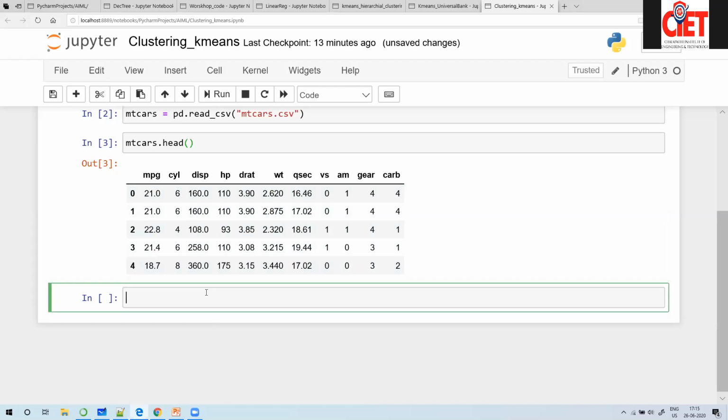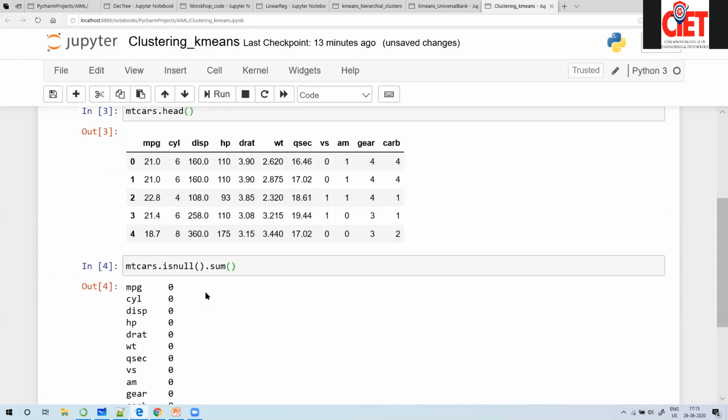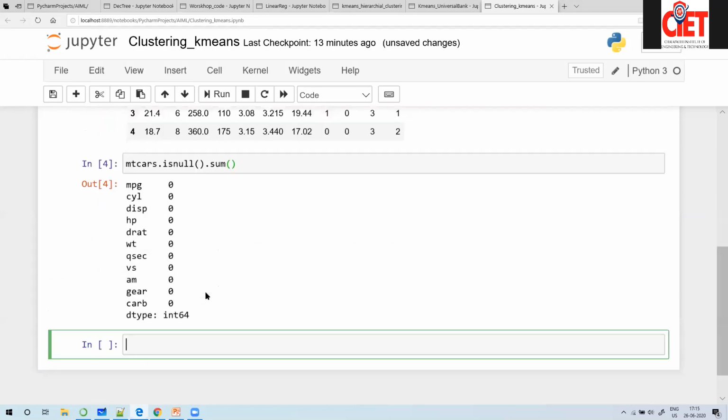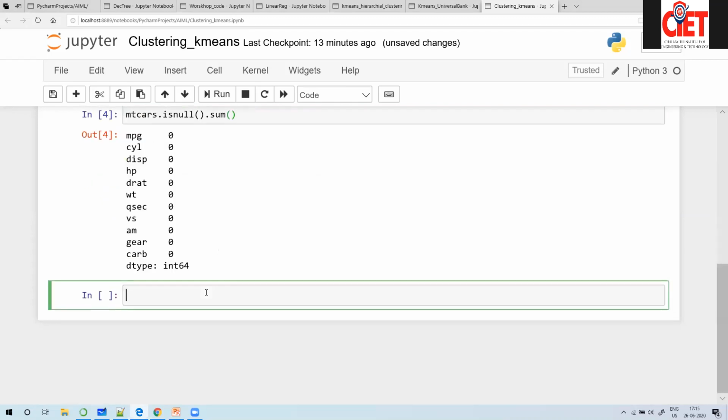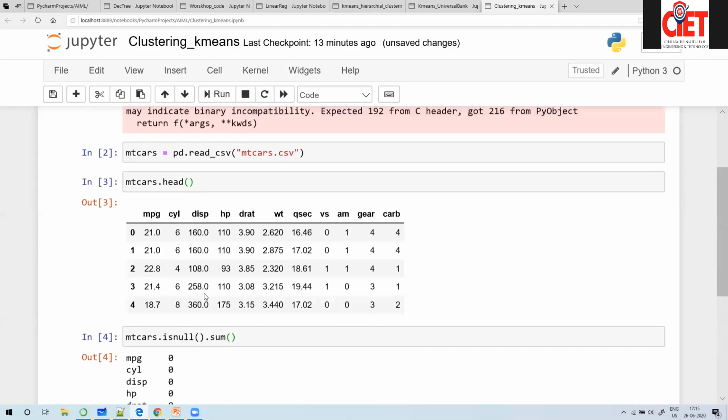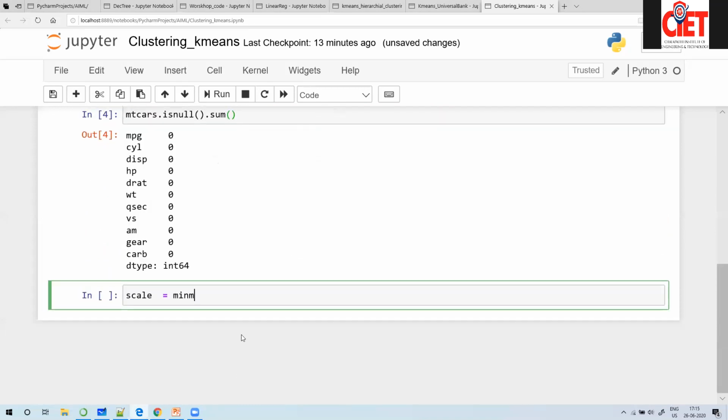Second, are there any null values? I think we have checked this already using isnull().sum(), so no null values. If there are any null values, we need to impute them. Let's try to scale it up. Now scale is equal to MinMax scaler.